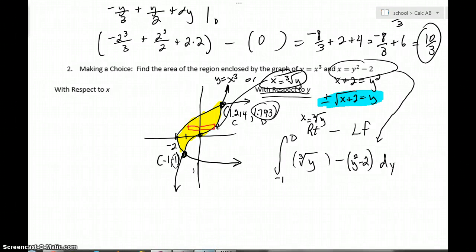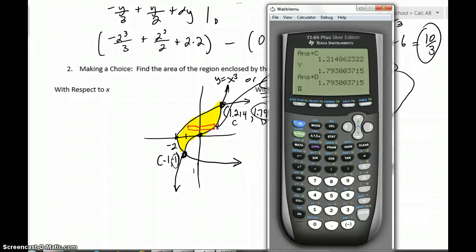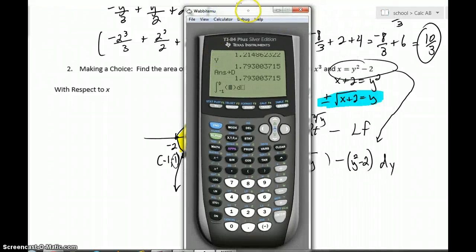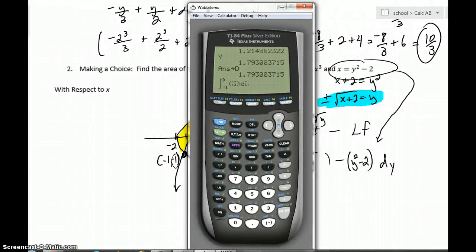Now, it would only take a moment to actually get this worked out on the calculator. If we typed in this integral, and if we were going from -1 up here, we'd just have to type alpha d. And then from here, you could see that we're typing in the cube root of y. Now, look, I know sometimes kids get a little worried about this.